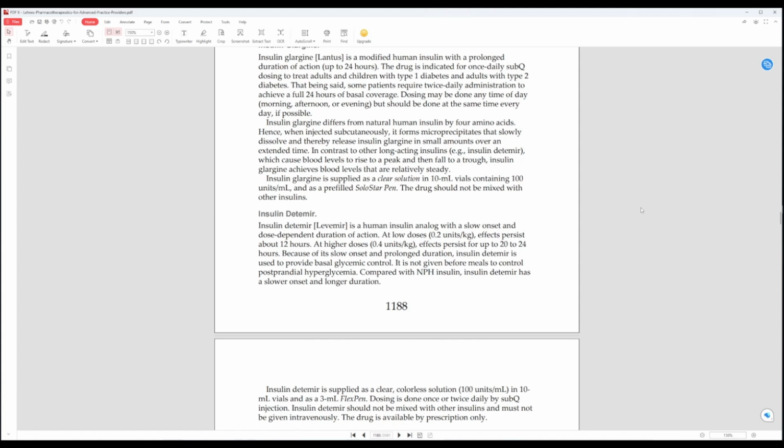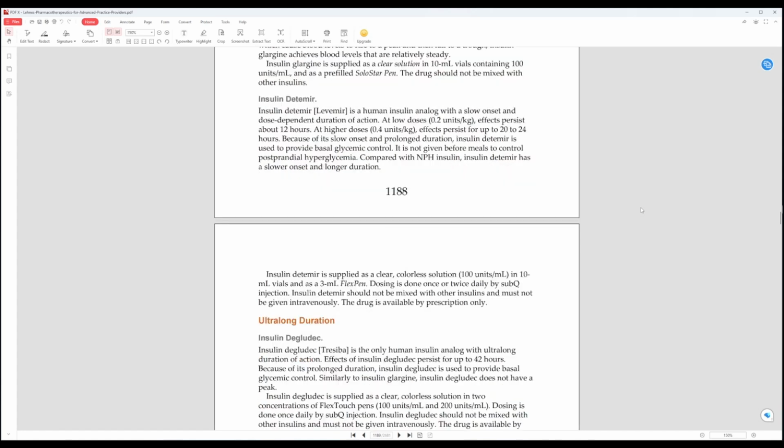In contrast to other long-acting insulins, such as Detemir, which cause blood levels to rise to a peak and then fall to a trough, insulin glargine achieves blood levels that are relatively steady. Insulin glargine is supplied as a clear solution in 10 ml vials containing 100 units per ml, and as a pre-filled SoloStar pen. The drug should not be mixed with any other insulin.